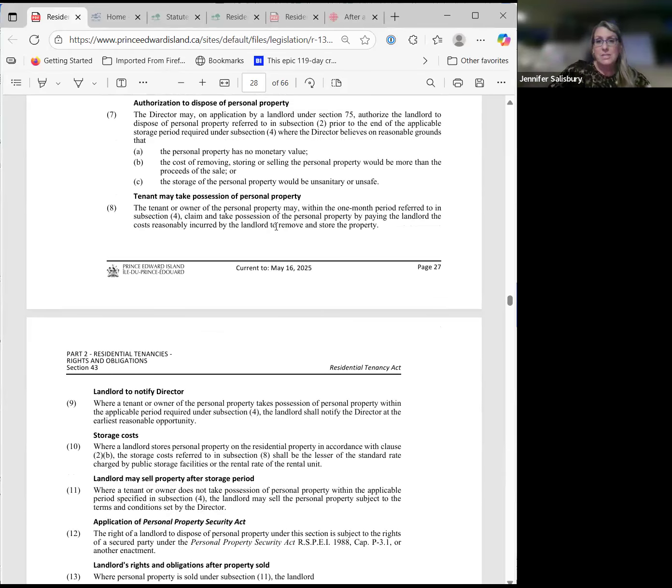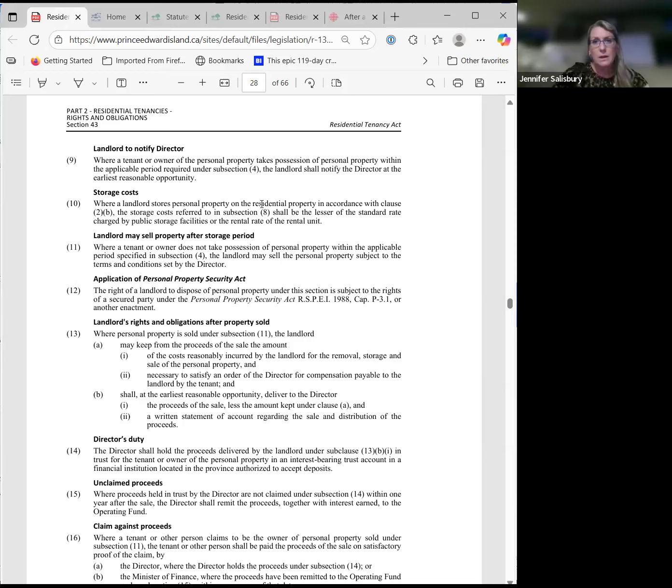The tenant may take possession of the personal property within 1 month, but they've got to pay whatever fees to reimburse the landlord, right? That's not for free. And then storage costs, and it goes on and on.